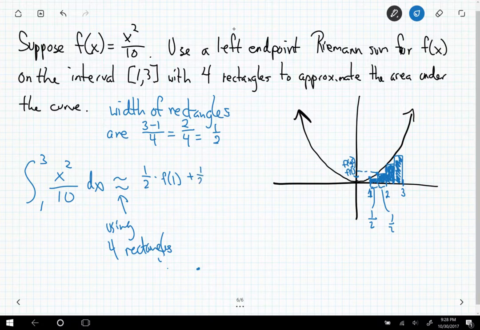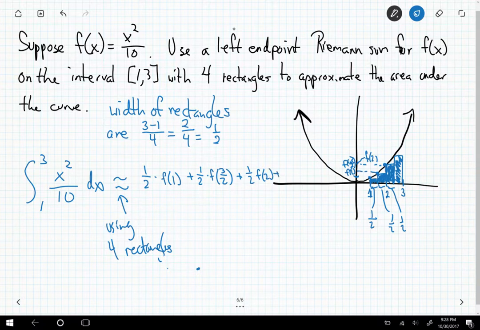So we go 1/2 times f of 3/2. Okay? Plus, what's our next value? Well, you get 1/2, and then looking at this value, cross it over to what the y value is. That should be f of 2. So you get 1/2 times f of 2.